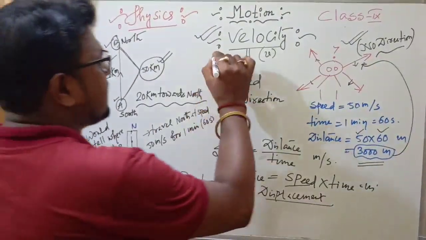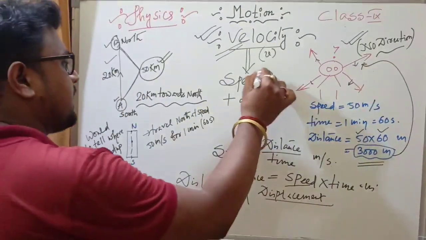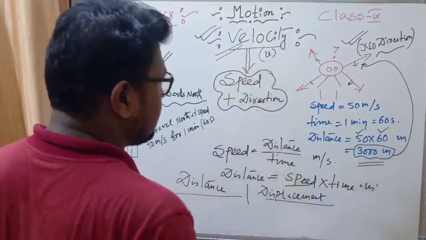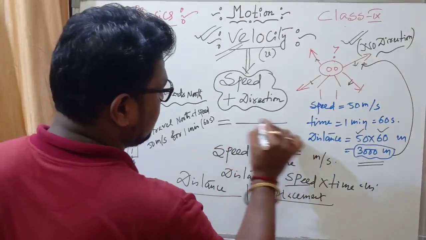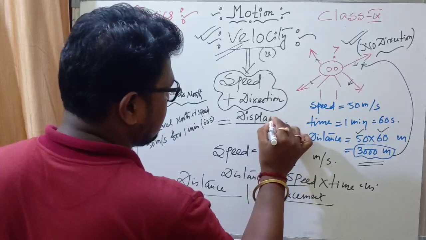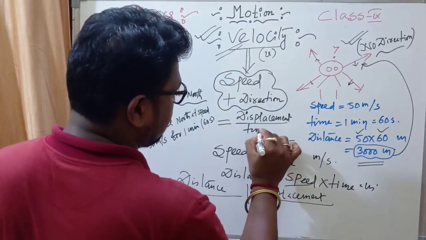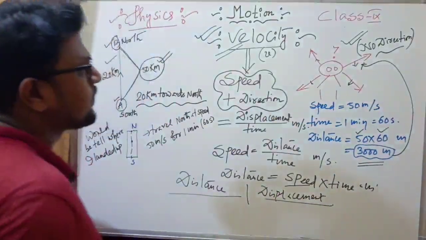So whenever we learn the velocity concept, velocity means speed plus direction. That means velocity is equal to displacement upon time taken. The unit should be the same, meter per second.